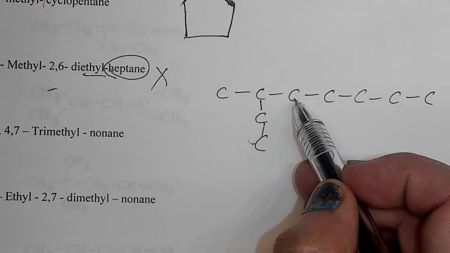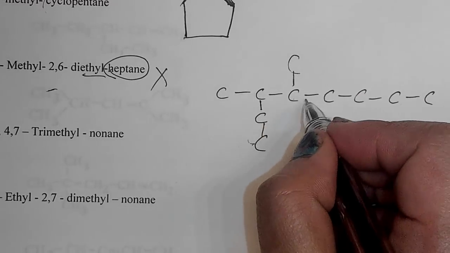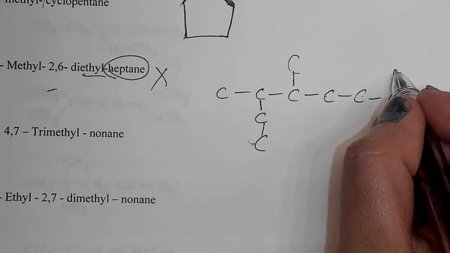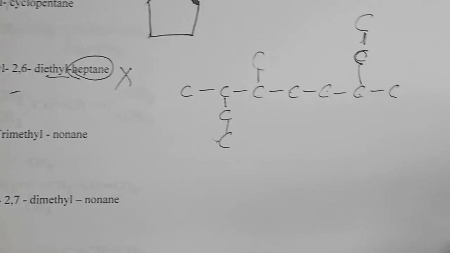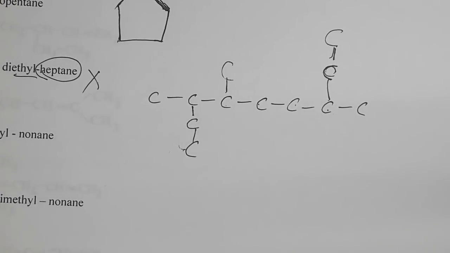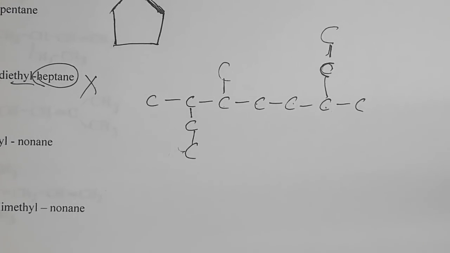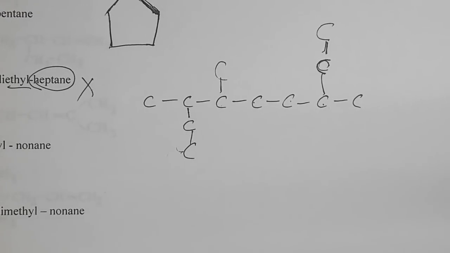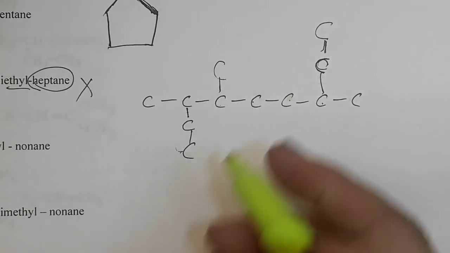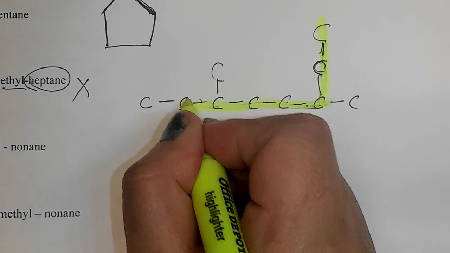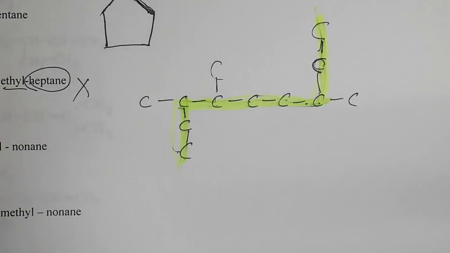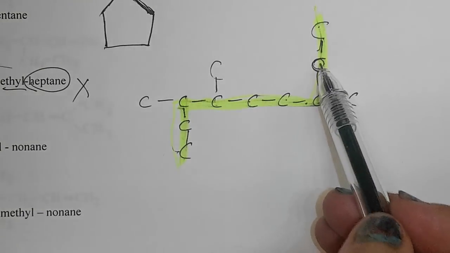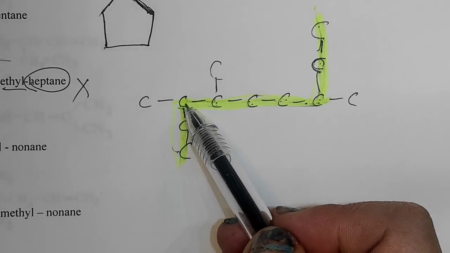2, 3 is methyl. Okay, 4, 5, 6. Take a look at what this scratch is. This is not happening because the longest chain is not 7. You have more than 7 in here. This is my longest chain. I can draw without stopping, right? I can just go continuously without stopping. This is my longest chain, and if you're counting, you have 1, 2, 3, 4, 5, 6, 7, 8, 9.